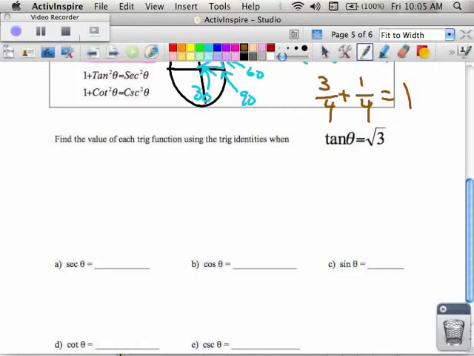For the cosine, it's 1 and 4. With me so far? All right. What about for the tangent? 1 and 3.